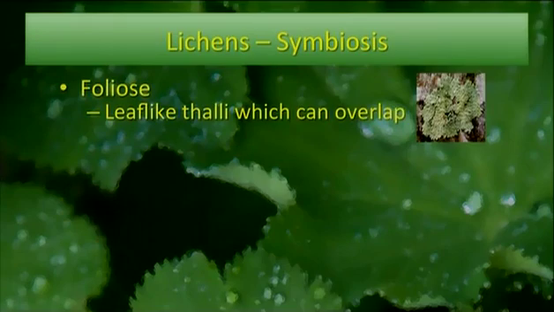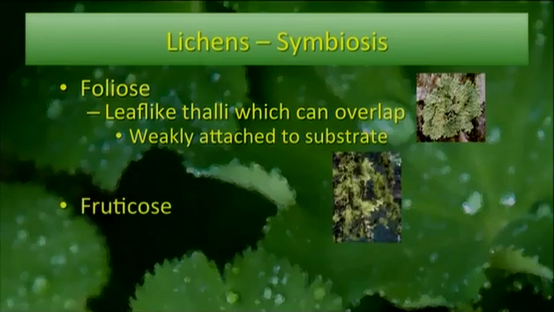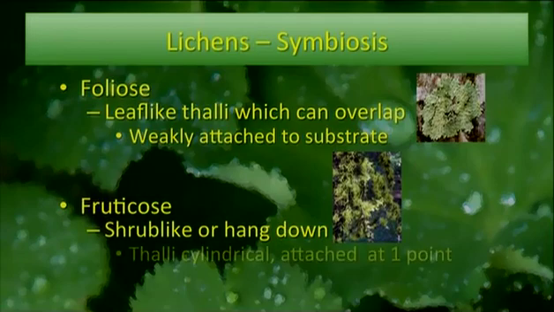They can overlap, and they're not so strongly attached to the substrate as the crustose lichens are. So we have the crustose lichens, the foliose lichens, and the fruticose lichens. They're like little shrubs, or they hang down. The thalli are cylindrical and attached at one point.